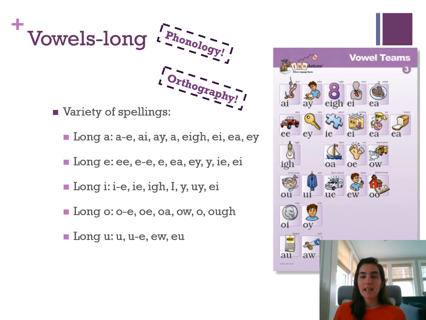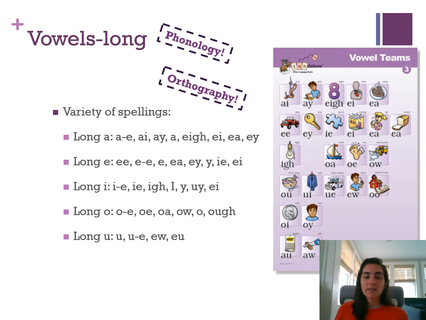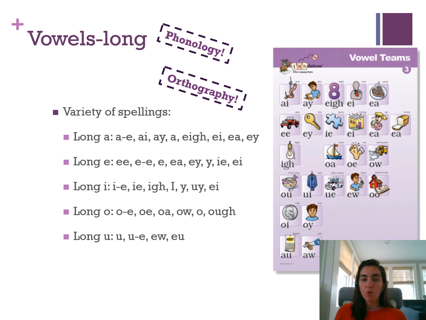Usually in Orton-Gillingham or in structured literacy, I would teach one or maybe two vowel teams at a time. What you see listed here in the variety spellings, I believe I have listed in order of frequency. Something that is fun to do is to have a mnemonic device, like a little sentence that helps students remember them.